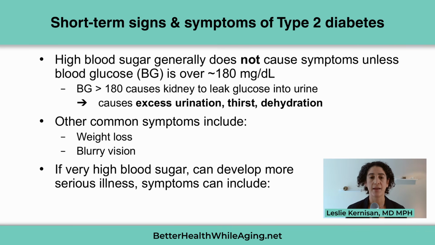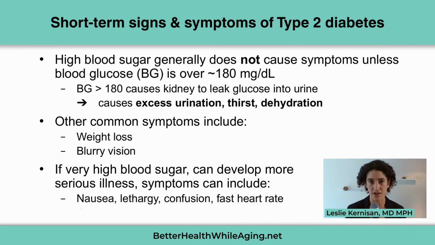But it can happen, and the symptoms might include nausea, lethargy, confusion, and fast heart rate. If they stay at a very high blood sugar level and are very sick like this for a while, it can actually cause coma and even potentially death.